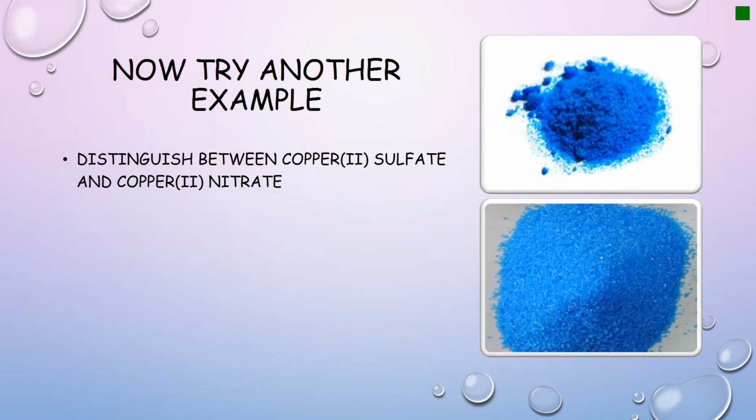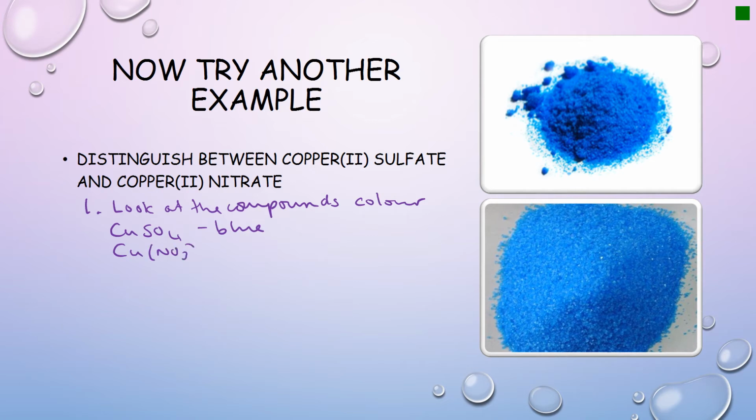Now let's try a third example. This time we've been asked to distinguish between copper sulfate and copper nitrate. So the first thing that I'm going to do is I'm going to look at the colour of the compounds, and I can see that both of them are blue. So copper sulfate is blue and copper nitrate is blue.